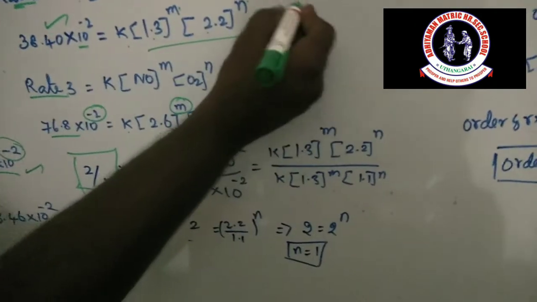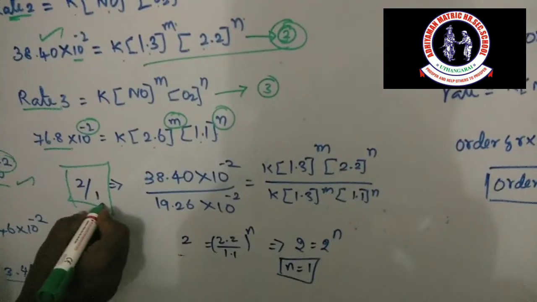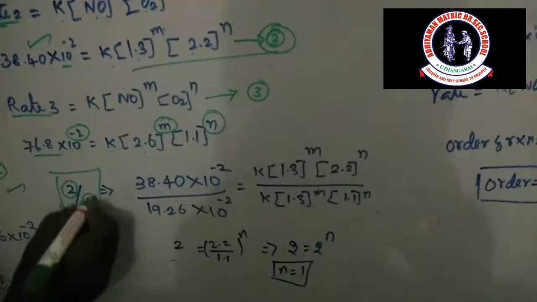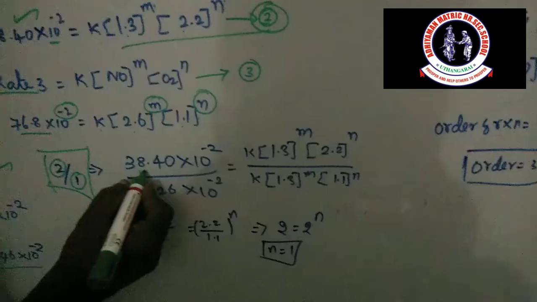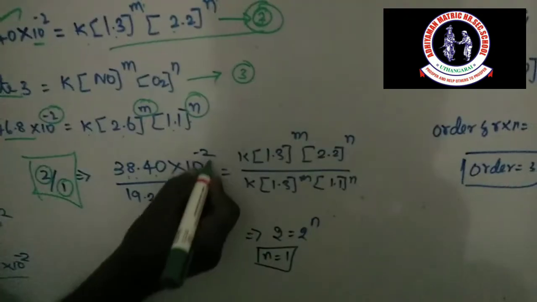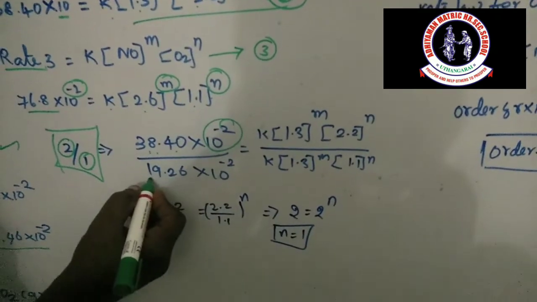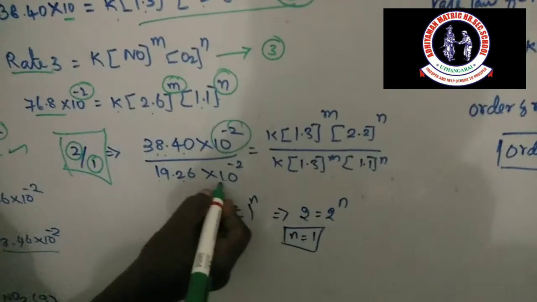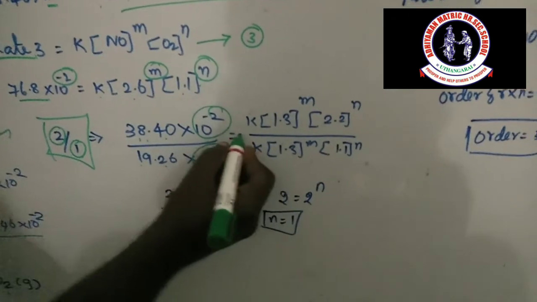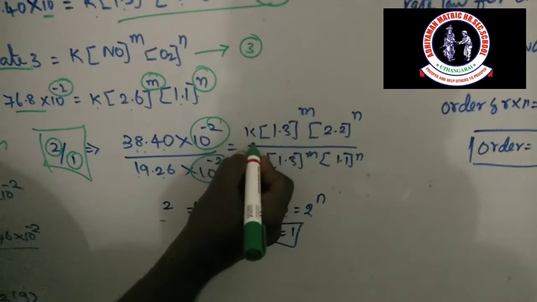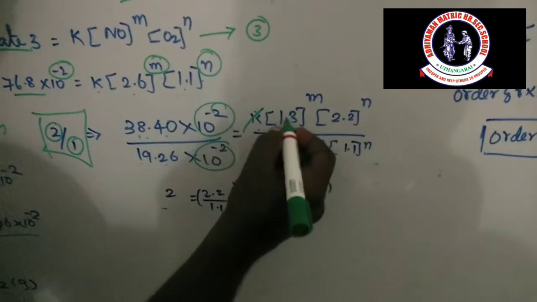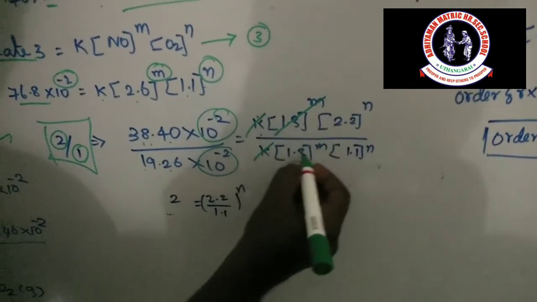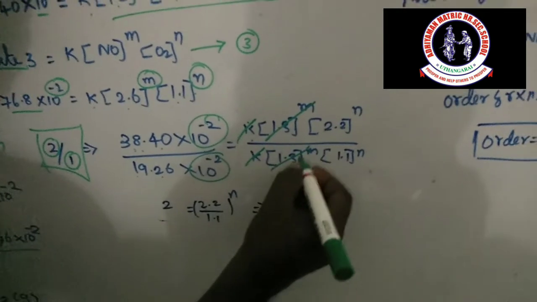Now equation number 2 divided by equation number 1. We have equation 2 value 38.40 into 10 to the power of minus 2 divided by 19.26 into 10 to the power of minus 2. K is a constant, so both are cancelled here. And 1.3 power M and 1.3 power M are also cancelled.